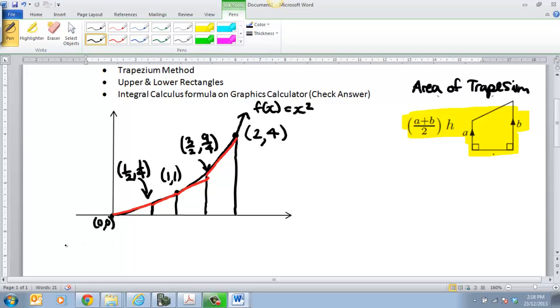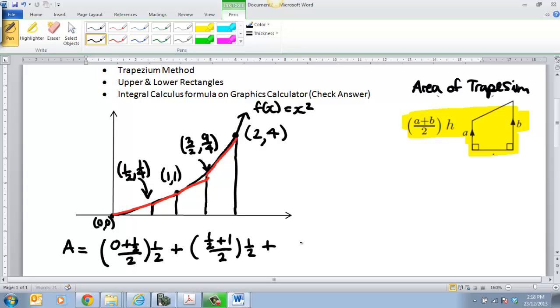So the area is going to be equal to simply 0 plus a half all over 2, times by the width of the box, which is going to be a half. And then I'm going to do the same thing over here. It's going to be a half plus 1 all over 2, and then I'm going to times that by a half.